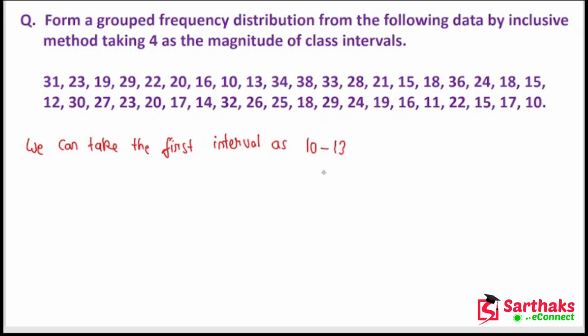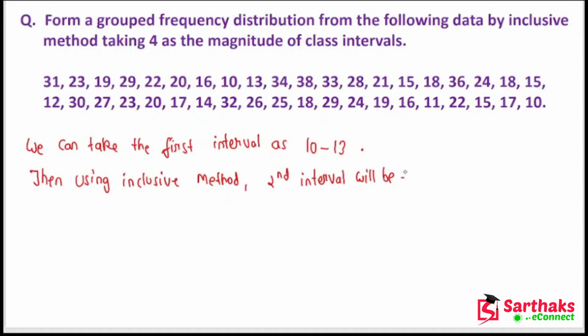So the first interval can be taken as 10 to 13, using the inclusive method, comma, the second interval will be 14 to 17, right?